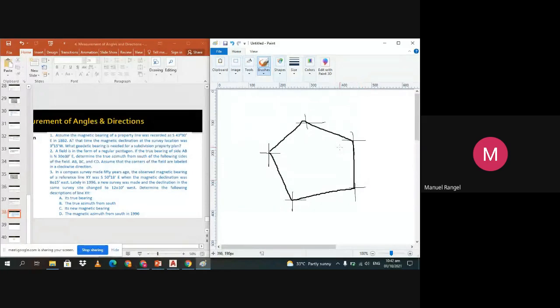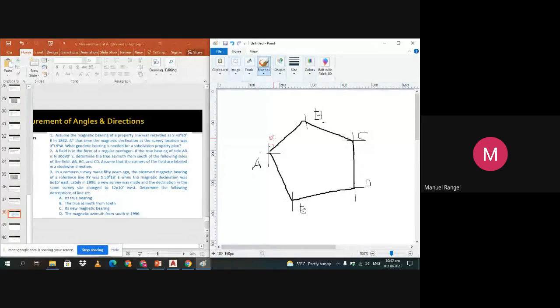So let's say northeast. So this is point A, point B, C. So the bearing is north 30 degrees east. The angle is equal to 30 degrees 30 minutes east.